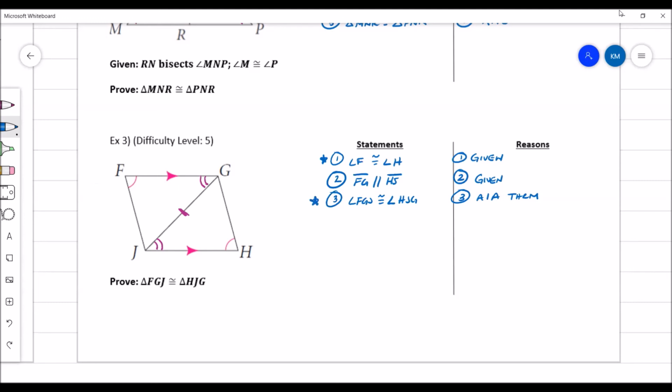We can continue with some new information. From there, we were able to say that this segment is congruent to itself because it's in both triangles. Now notice I'm going to name this GJ. I'm going to name the other one JG. Again, it's the same thing. So you could just say GJ is congruent to GJ if you'd like to.